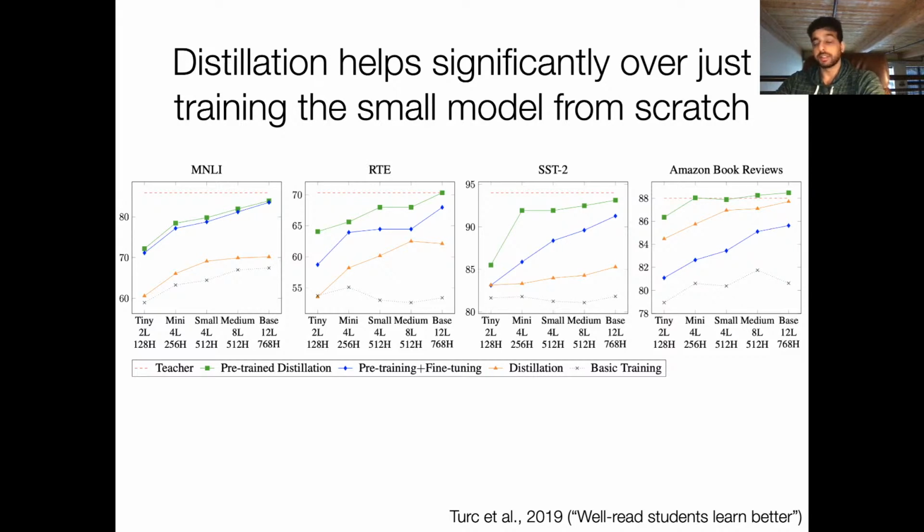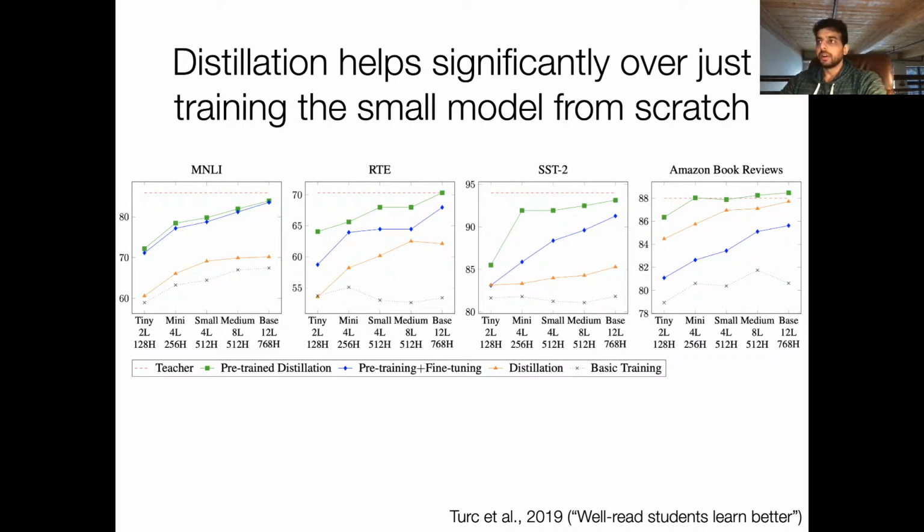So that's a pretty huge difference, right? Meanwhile, these distillation models actually improve as you make the student model bigger and bigger, and they're coming closer and closer to the teacher's performance, and in some cases even outperforming the teacher.